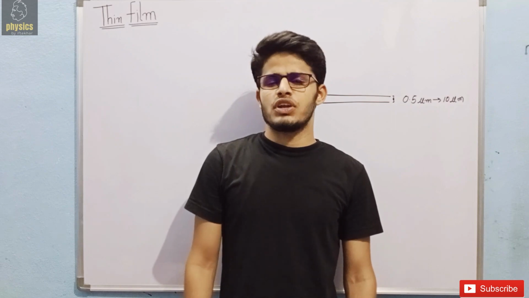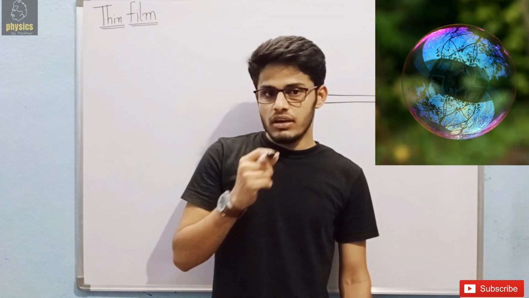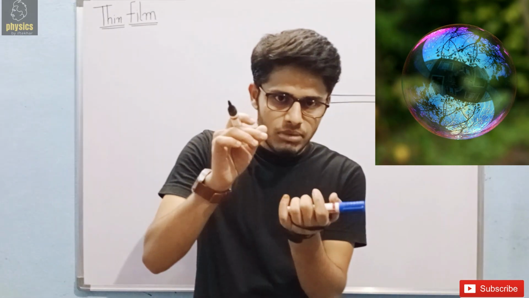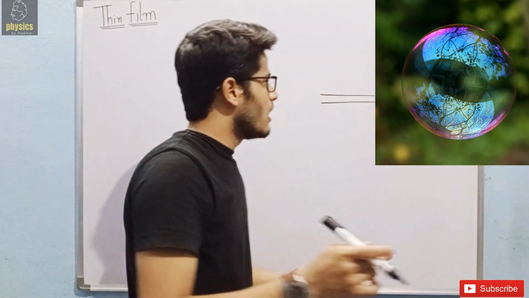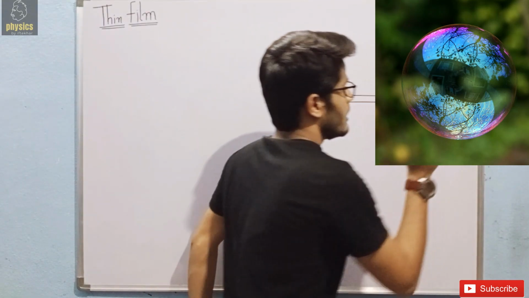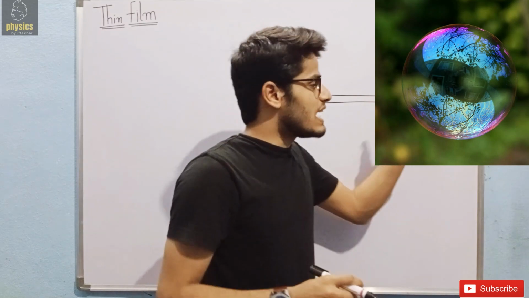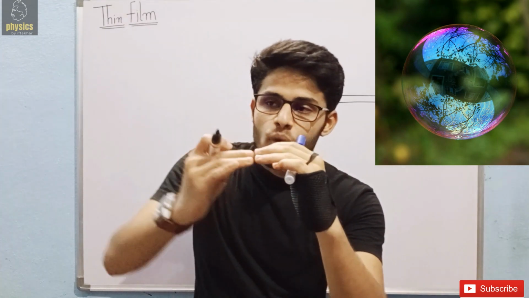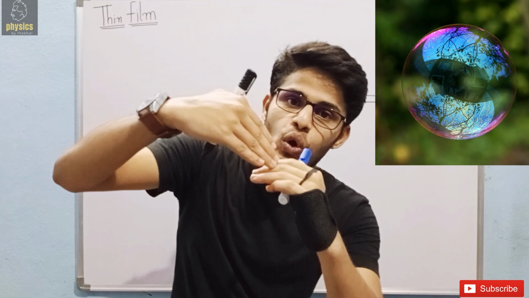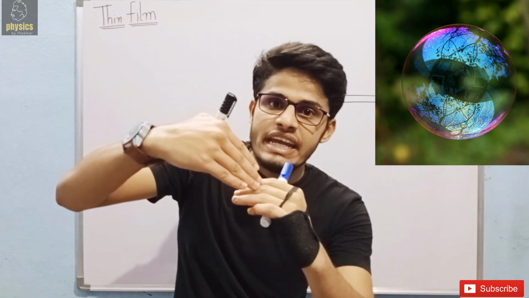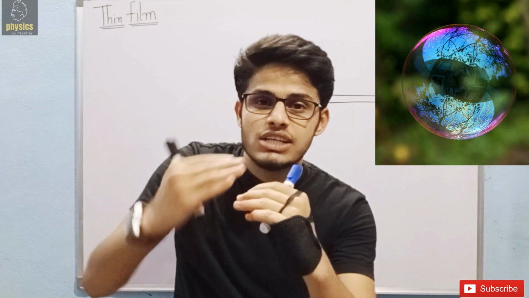The other application where we can see this phenomenon is in bubbles. In the soap bubble we see colors. The soap bubble thickness is coming under this range. That's why, when white light, any sunlight or tube light, falls on that thin layer of the soap bubble, that light will undergo interference, and because of that interference you will see colors on the soap bubble.